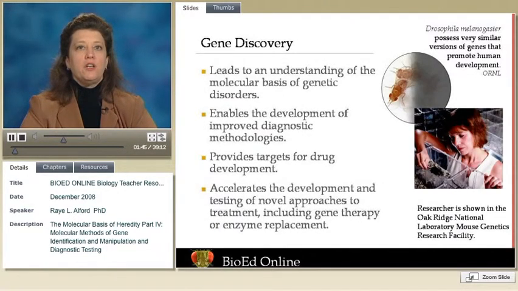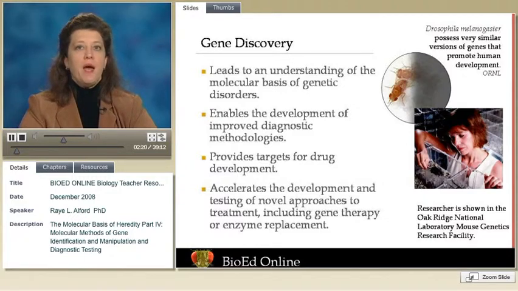Gene identification is an important step in understanding the molecular basis of any heritable disorder. Identification of the gene or genes associated with the disorder opens the door for understanding the molecular components and biochemical pathways involved in the disorder, enables experimentation into improved diagnostic testing methodologies, provides targets for drug development, and suggests new avenues for therapeutic research, including gene therapy, stem cell therapy, and enzyme replacement therapy.